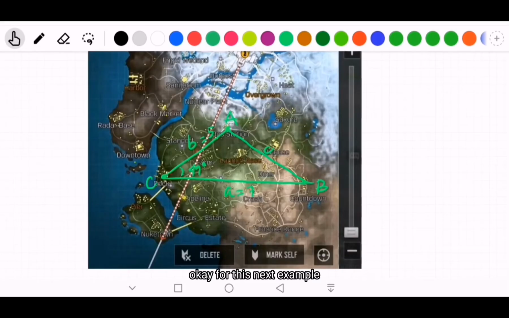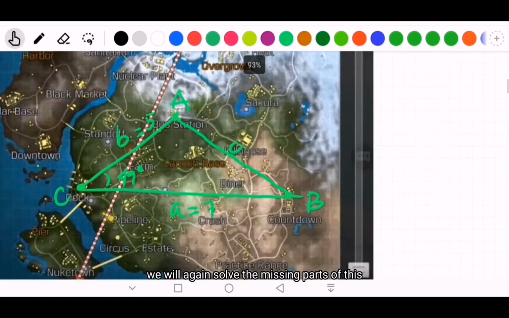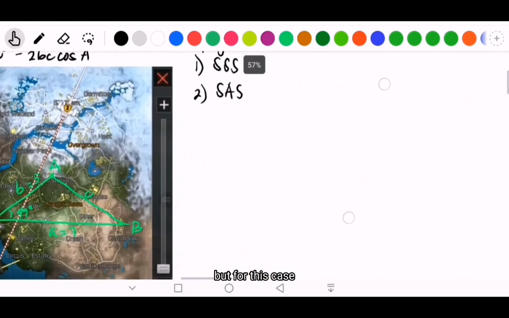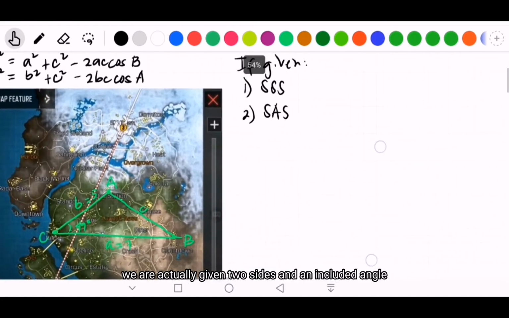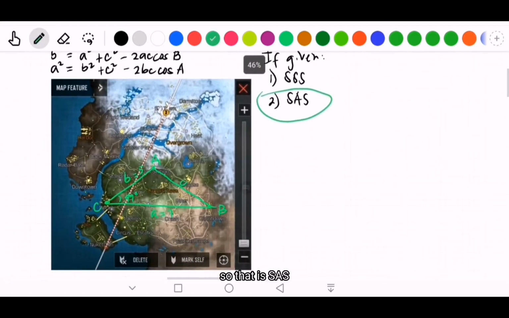Okay, for this next example, we will again solve the missing parts of this oblique triangle by the use of the law of cosines. But for this case, we are actually given two sides and an included angle. So that is SAS.